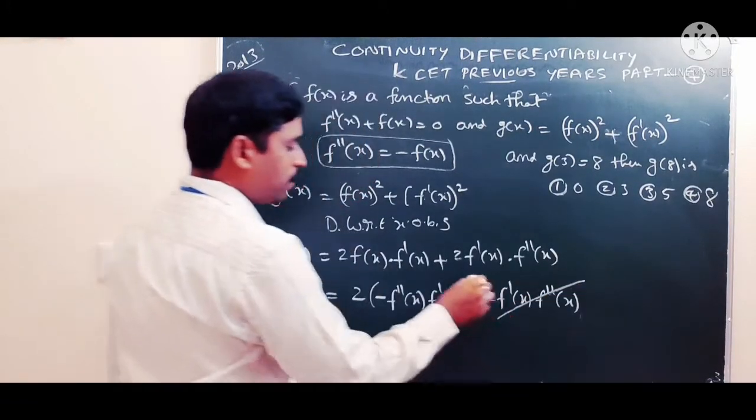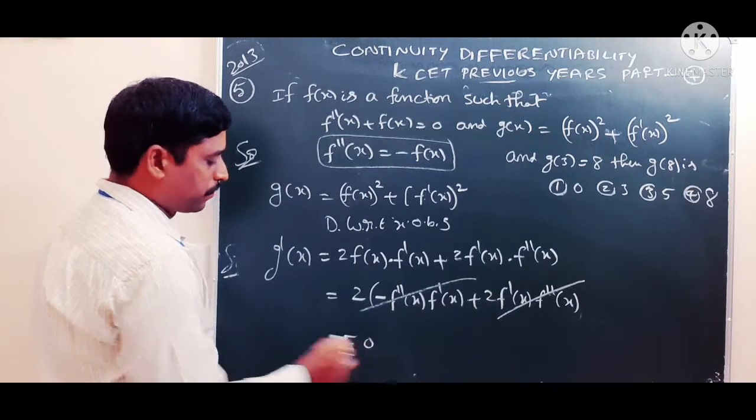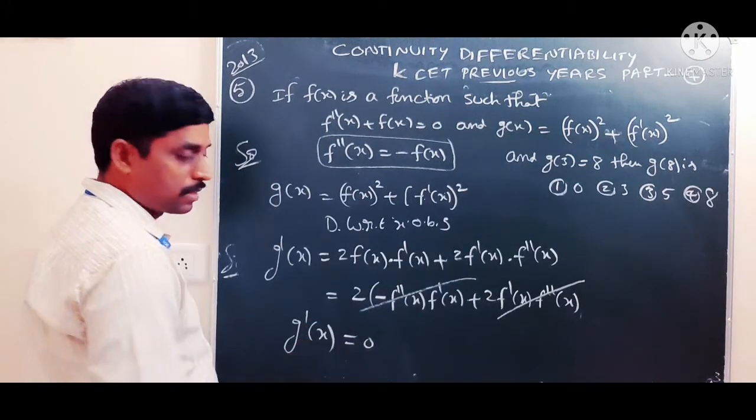Now substituting f double dash x equal to minus f of x, the positive and negative values cancel. So g dash x is equal to 0.